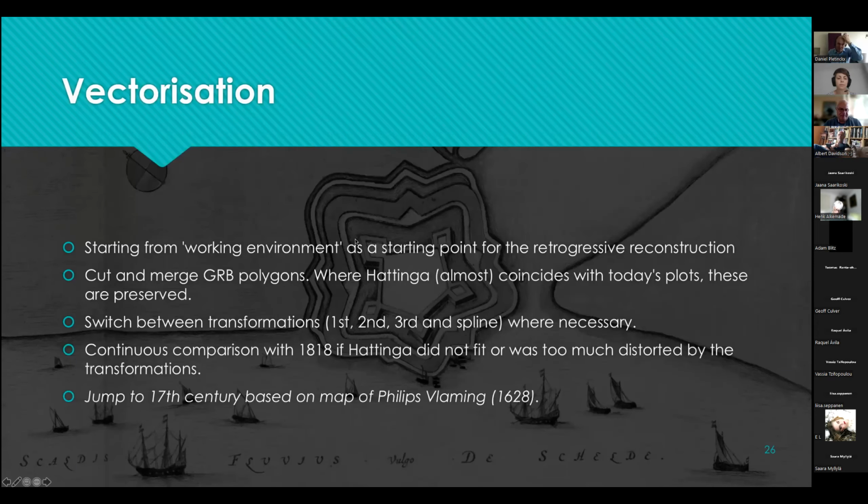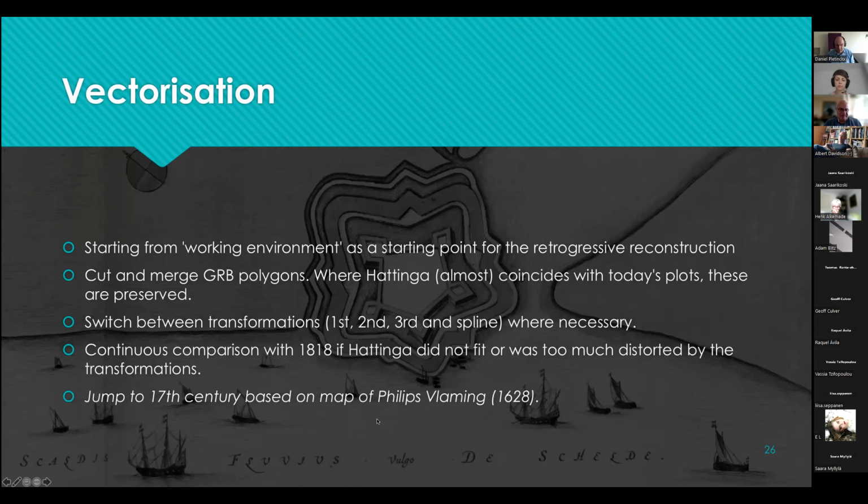All right, so as you have seen, a base of that is in fact cutting and merging these polygons. That is vectorization. You need a kind of line that says, okay, this is the parcel, this is this property, this is that property, this is a house, this is a garden, etc. So that's the kind of information we're working towards to make the next step, which is the 3D reconstruction.